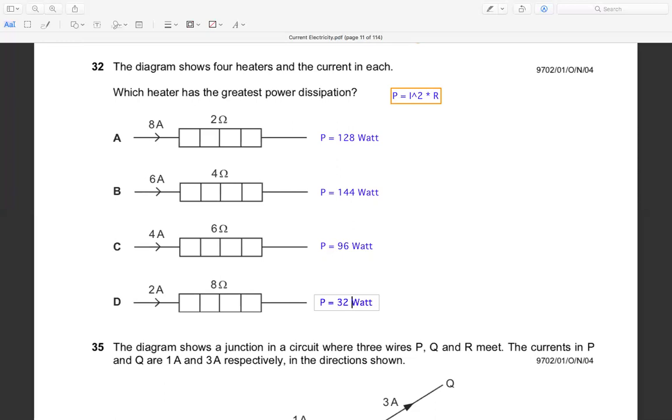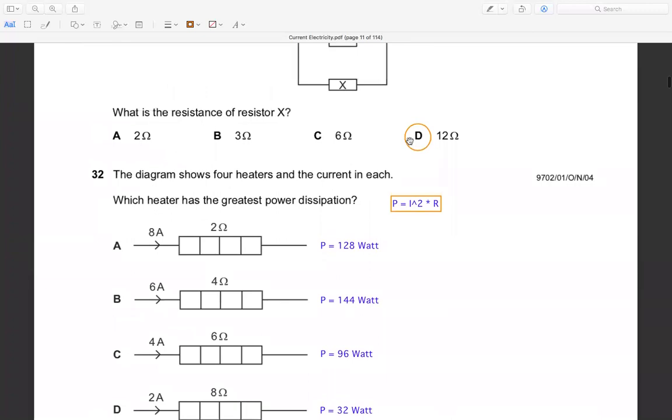Okay. So the greatest one is 144. This one. B answer. Okay, that's it.